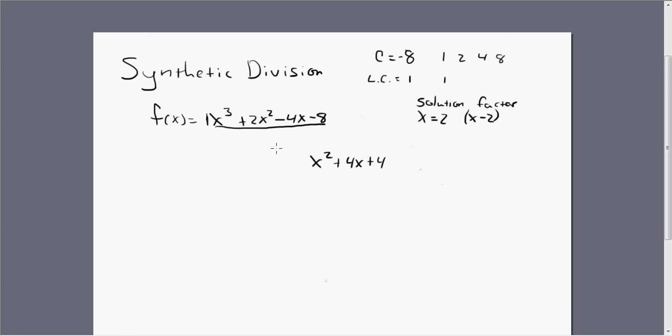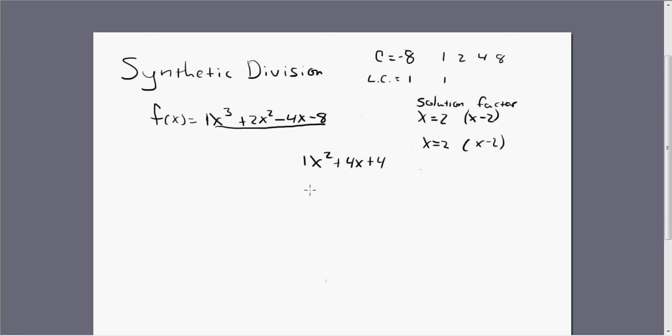Now I could do synthetic division again, and taking a look at this, I think x equals 2 is going to be a solution again. So that would mean that x minus 2 would be a factor. So let's see what happens.